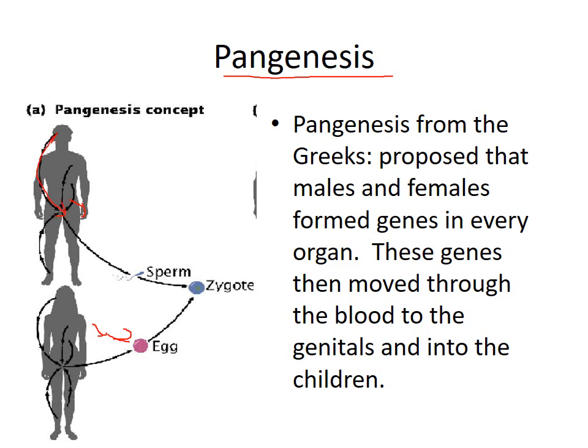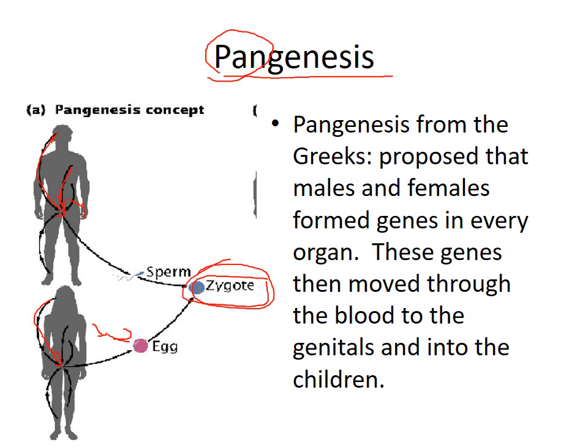You might have the heart giving heart genes to the sperm. Same thing from the female. Then those would eventually combine into the egg and sperm, and then they would combine to give the zygote. So this idea was that the whole body, pan meaning the whole body, would contribute genes to the gametes, and then that would result in a zygote. Today we know that's not the case.